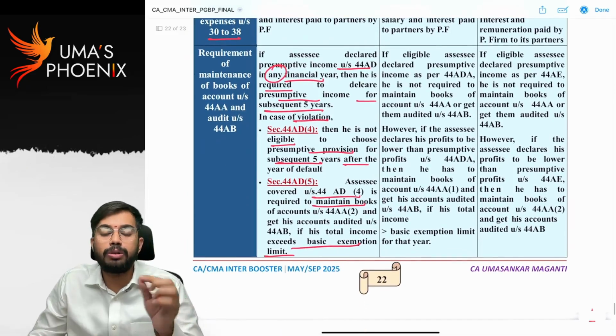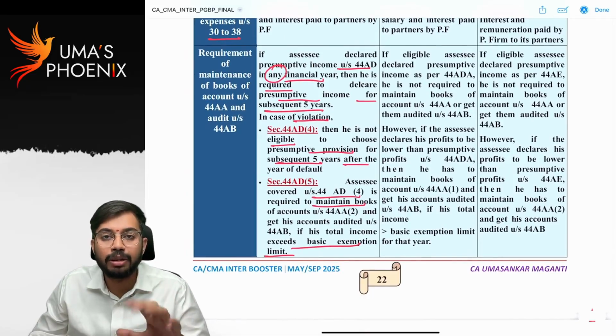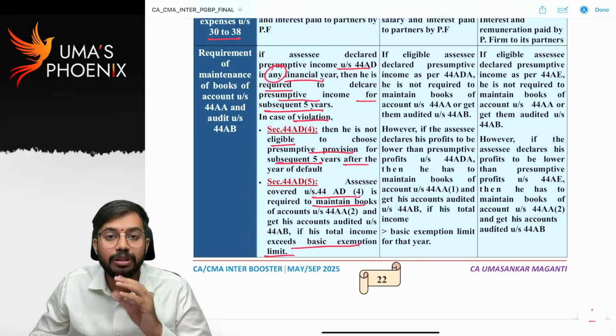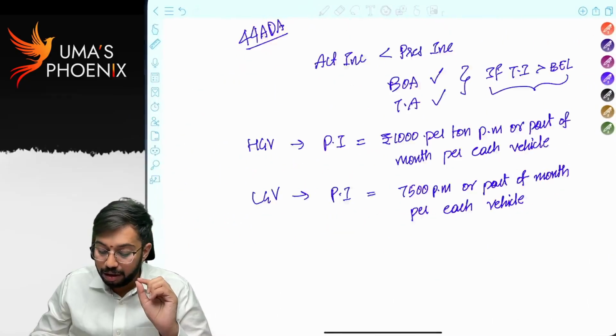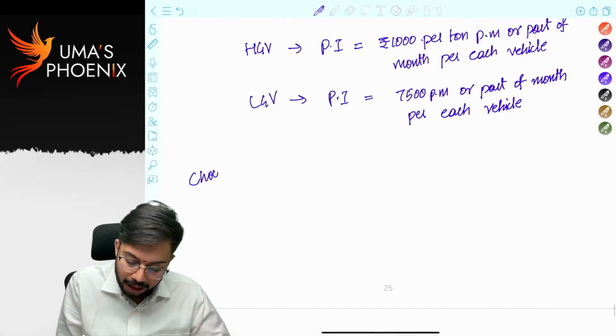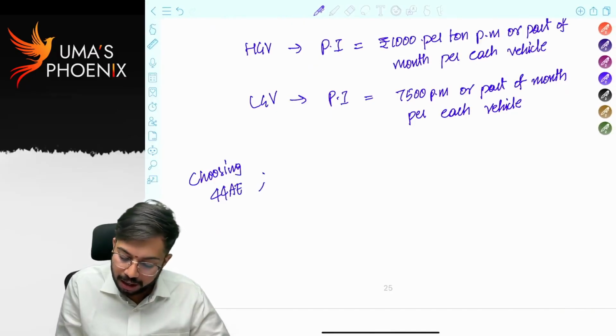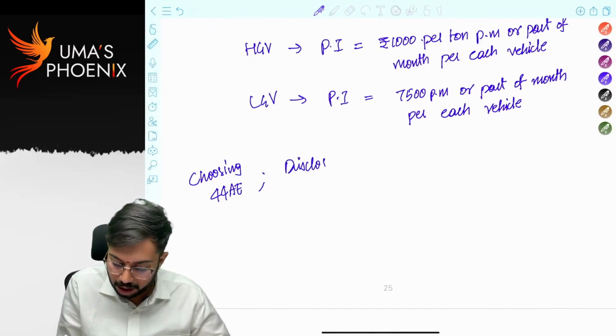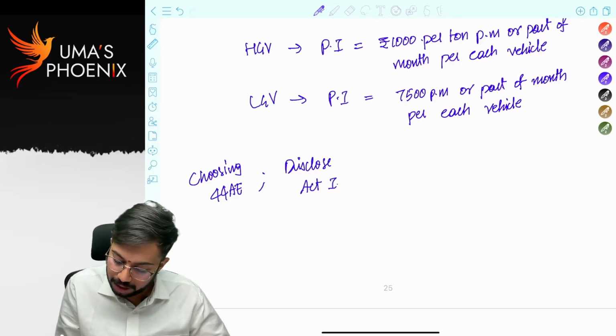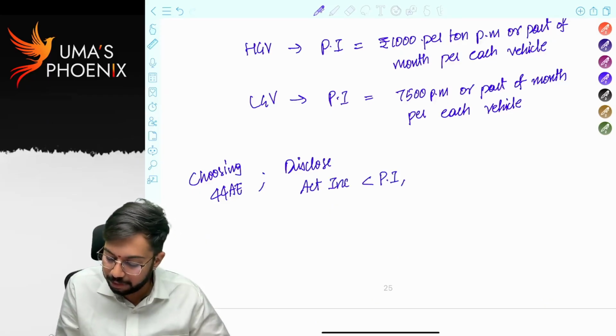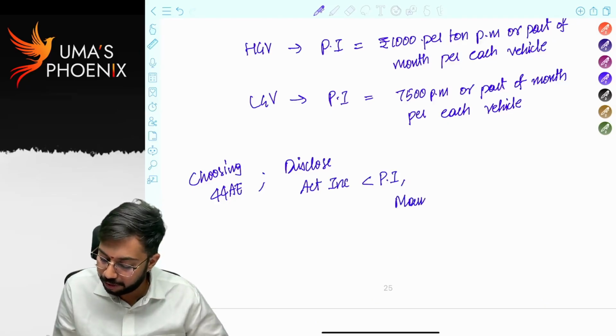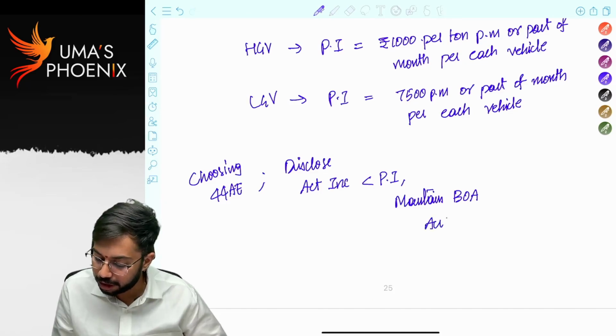Next, those who are choosing 44AE, if they disclose minimum presumptive income, then they are not required to maintain books of accounts, not required to get their books of accounts audited. But those who are choosing 44AE and disclose actual income less than presumptive income, then they are required to maintain books of accounts and get their books of accounts audited.